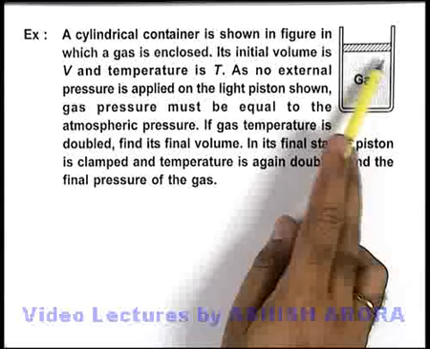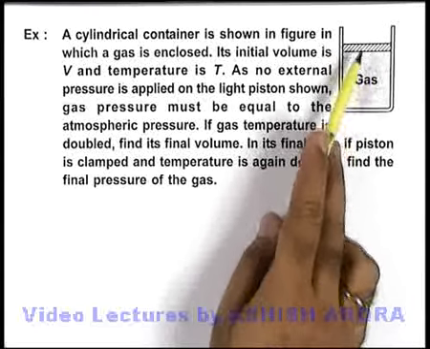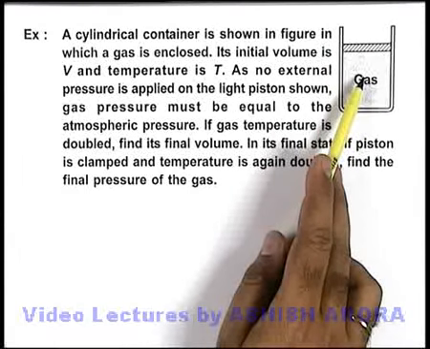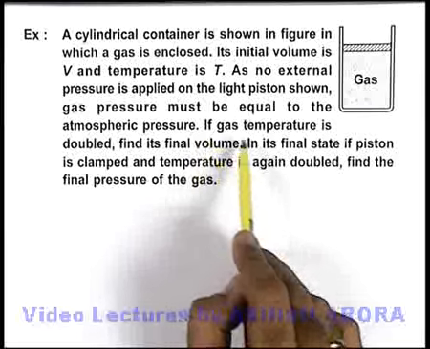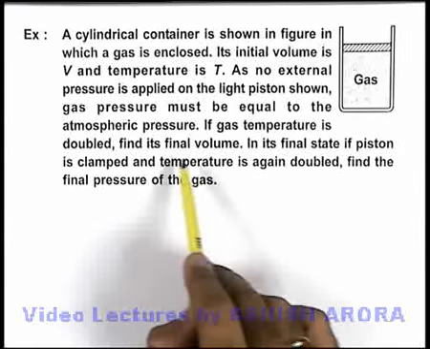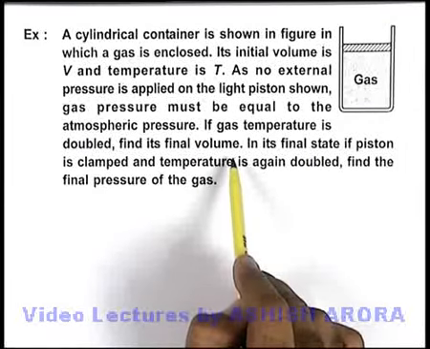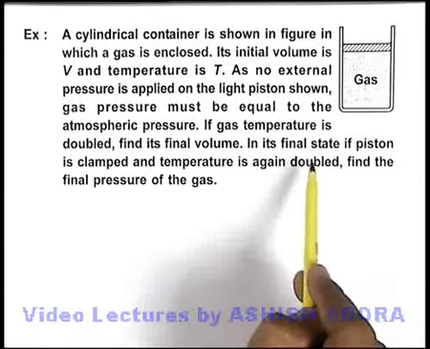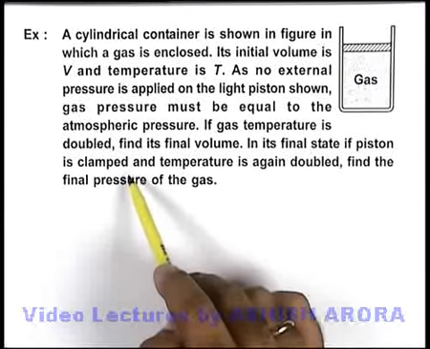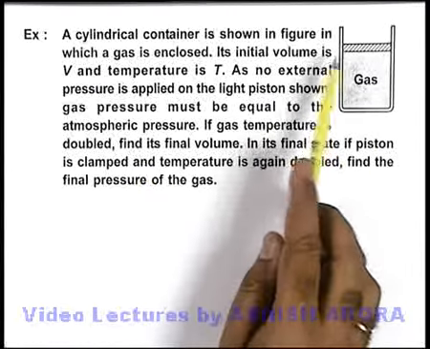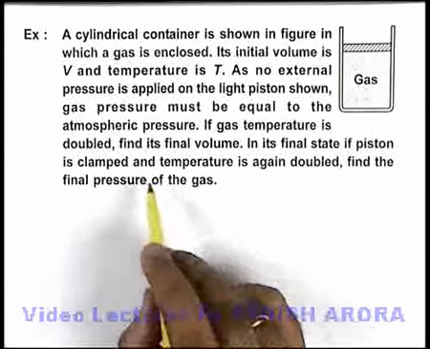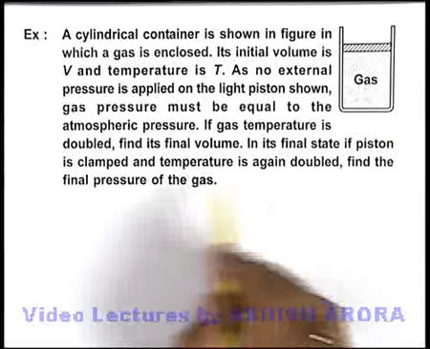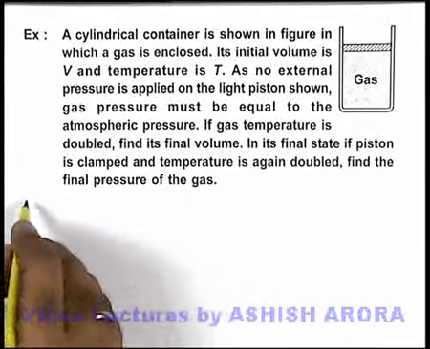Obviously, if a lightweight piston is in equilibrium, the pressure on both sides must be equal. Now if the gas temperature is doubled, we are required to find its final volume. And in its final state, if the piston is clamped, that means the volume of gas is kept constant and temperature is again doubled, and we are required to find the final pressure of the gas.